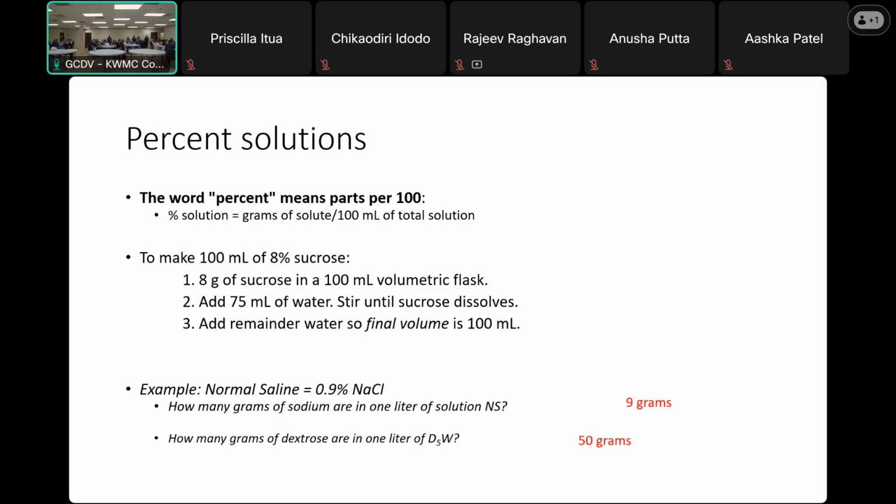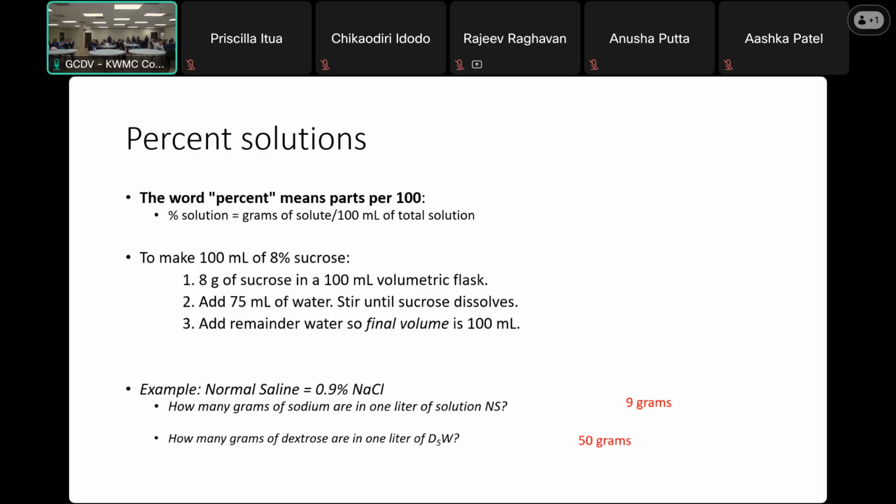Dextrose is 5%, so D5 water is 5 grams per 100 cc's, so multiplying by 10 is 50 grams per 1 liter. And you remember carbohydrates are 4 calories per gram, so multiplying by 4 gives you 200 calories. So 1 liter is about 200 calories of dextrose, which is probably like a candy bar equivalent, more or less.